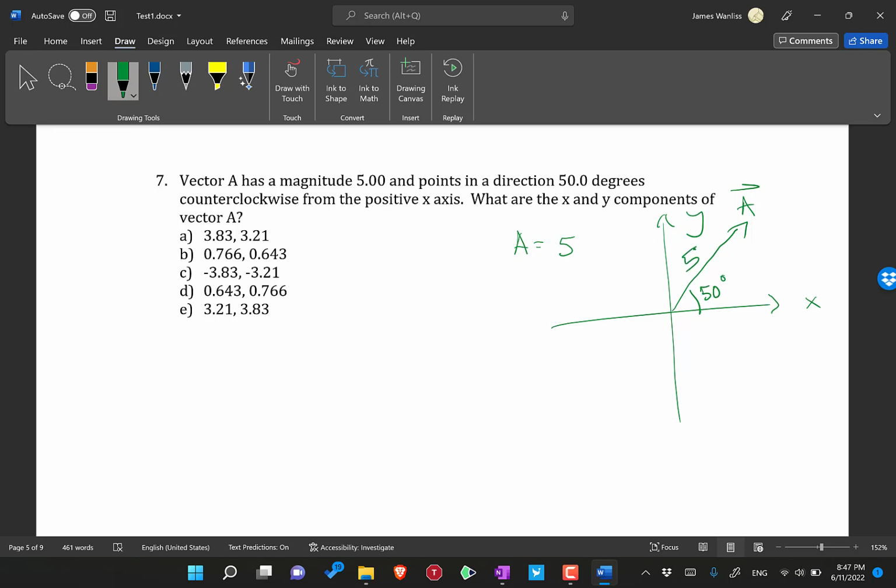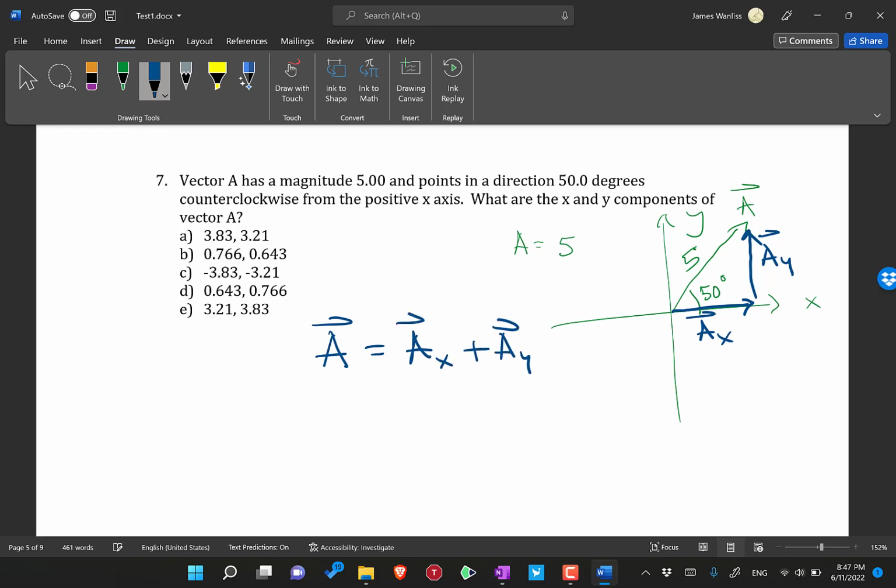And that's really all I need to know, because these vectors, head to tail, purely in the x, that would be AX, and purely in the y, AY, the component of A in the y direction plus the component of A in the x direction give us A. So the vector A is equal to AX plus AY vector.